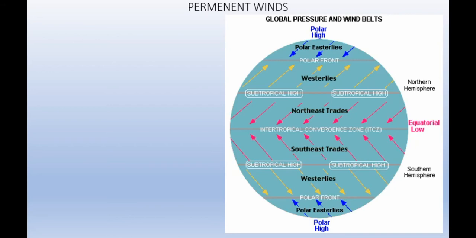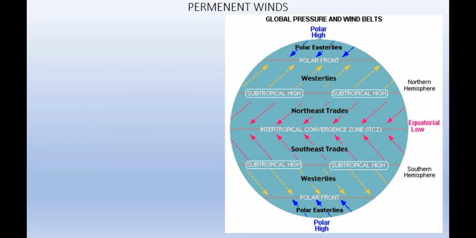In the middle, the equatorial low pressure center, the doldrums, you can see that it is experiencing trade winds. These trade winds, the easterlies, are giving support to the traders. That's why this wind is known as trade winds. Then you are moving towards the polar region. You can see polar easterlies, north polar easterlies and south polar easterlies.